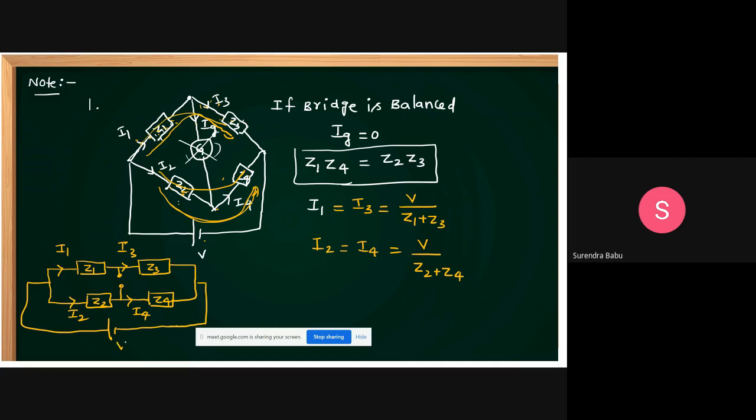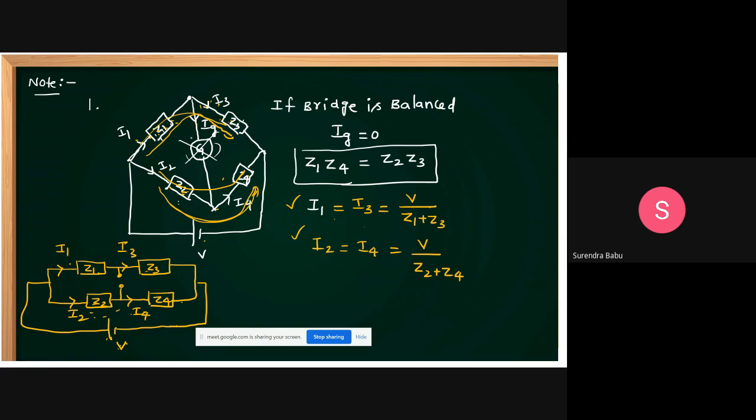How to apply the formula? I1 equal to I3 equals V by Z1 plus Z3, where V is the total voltage. I2 equal to I4 equals V by Z2 plus Z4. Like this you can calculate.